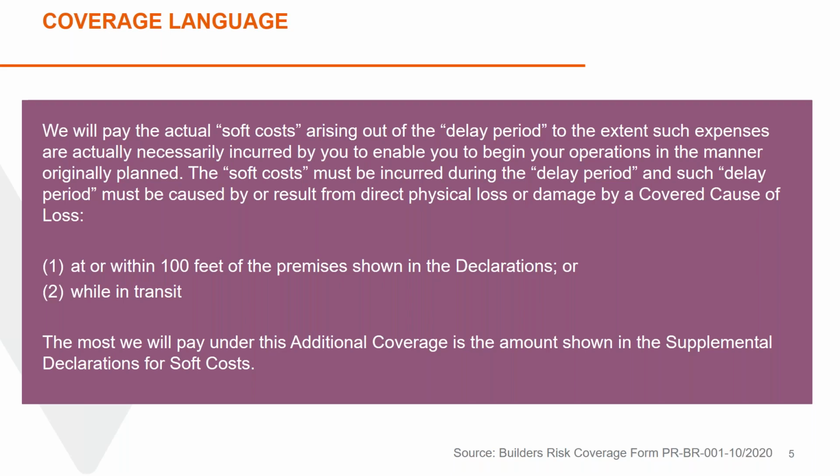It's ongoing. It's caused some delay. So was the pandemic, was the COVID virus a covered cause of loss on property forms? The vast majority of property forms, of course, the answer is no. So it was not a covered cause of loss. So thus there is no soft cost. Thus there is no business interruption because it wasn't covered.